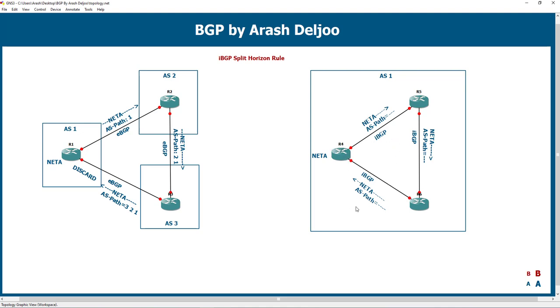Now we have a routing loop. This means that in iBGP neighborship, we can't use the AS path loop prevention mechanism. The AS path loop prevention mechanism can only be used in eBGP, not iBGP.